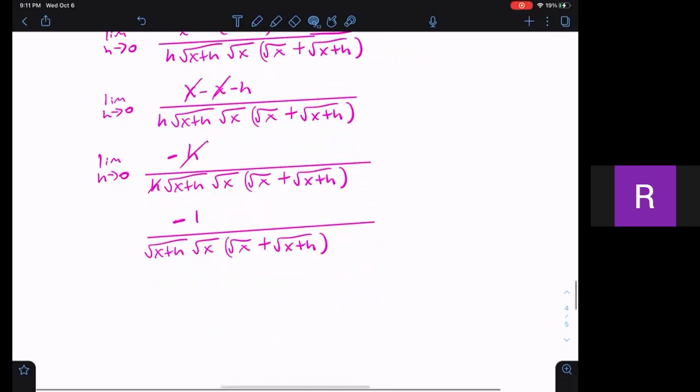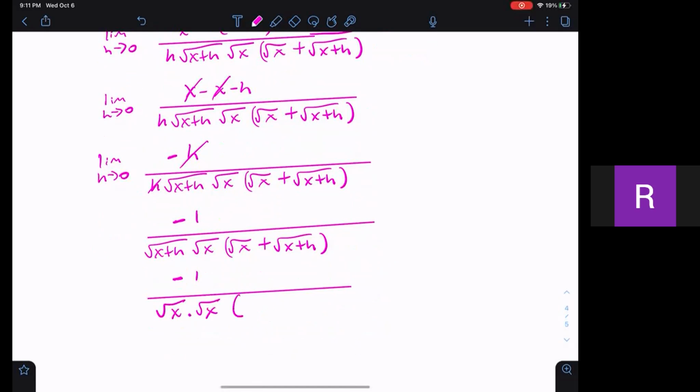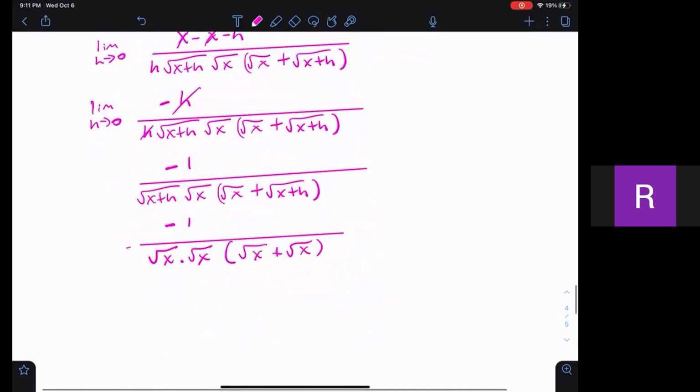So now we can apply the limit, right? The limit as h approaches 0. So let's plug the limit here now. So we got negative 1 as h approaches 0. That means this is x times x. And then we have square root of x plus, if h approaches 0, this is going to be x. So this is going to be negative 1 over, well, this is 1/2 times 1/2, that's just 1.